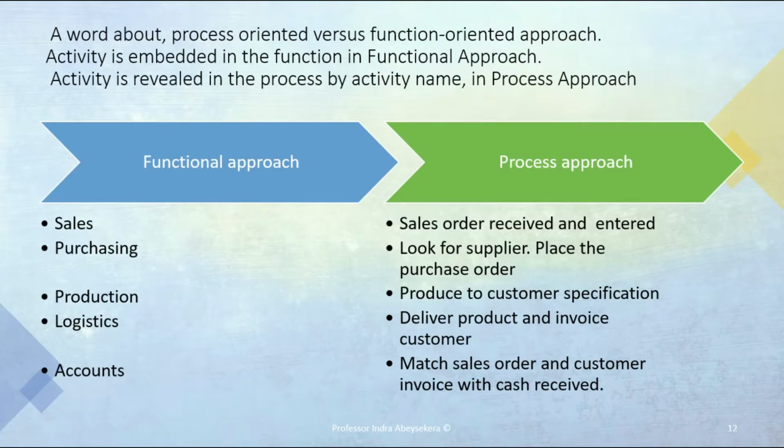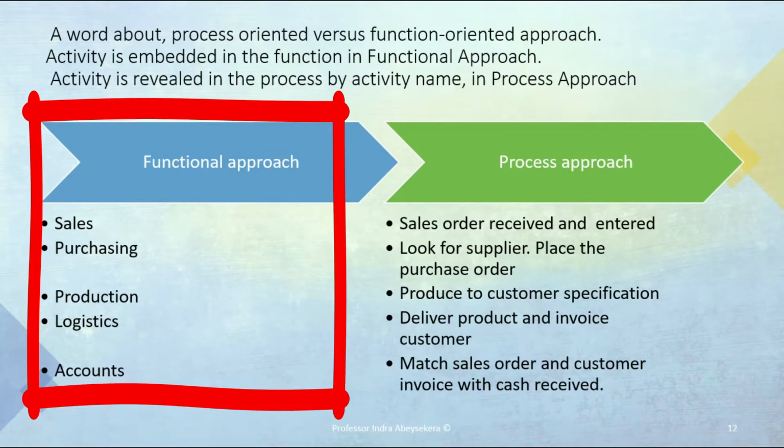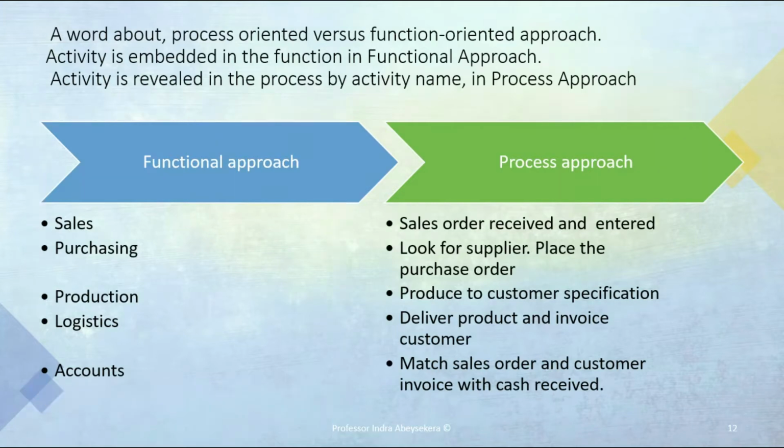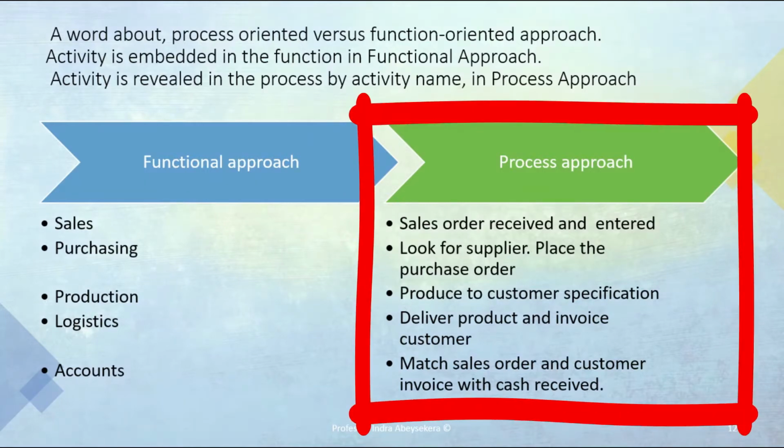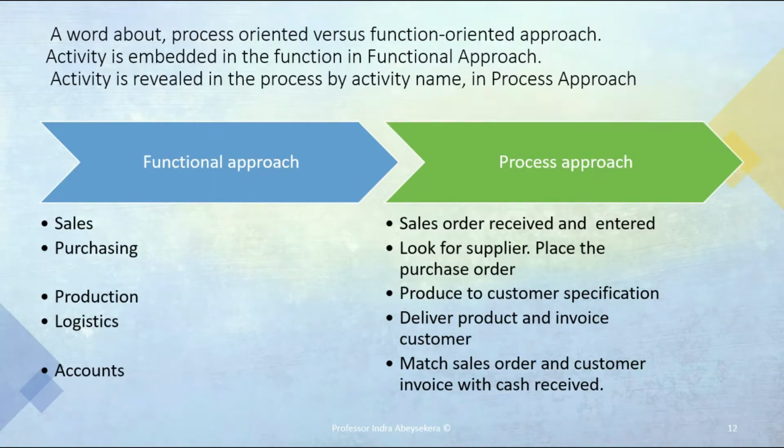In a functional approach, there are functional departments in an organization like sales, purchasing, production, logistics, accounts. If you look at the process, then the process approach covers all these functional areas.